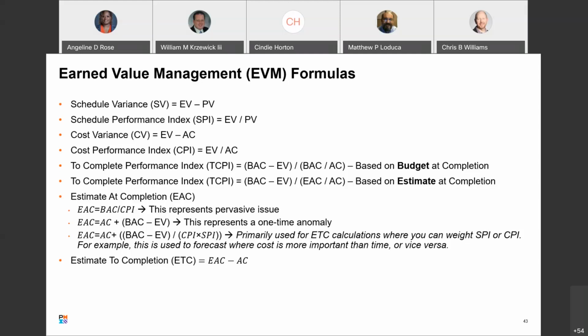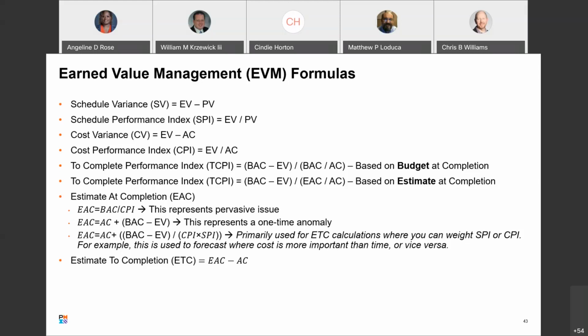Now we might use the TCPI based on a budget and the estimate when we're trying to make our case to get more funding. Like, hey, we're going to have to do 1.5 CPI to complete this thing if we don't get more money, and we'll need a 0.875 or whatever to finish on budget if you give us more money.